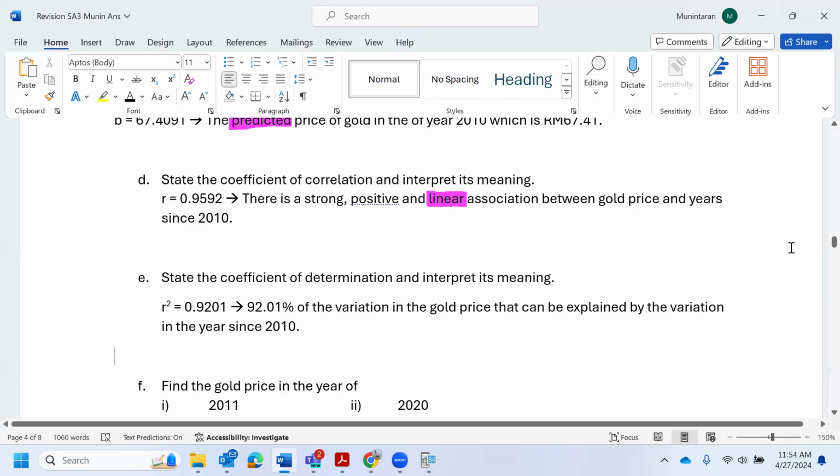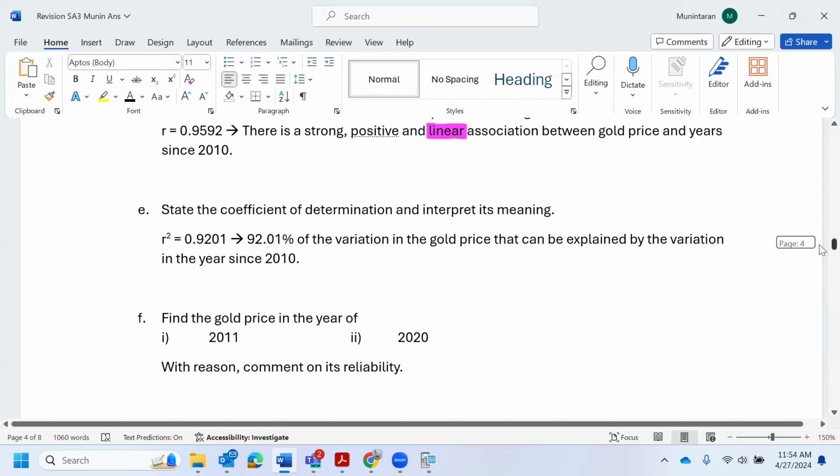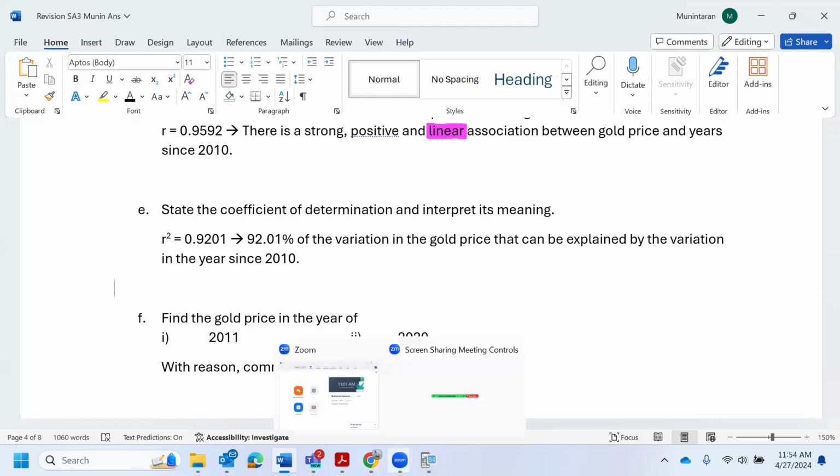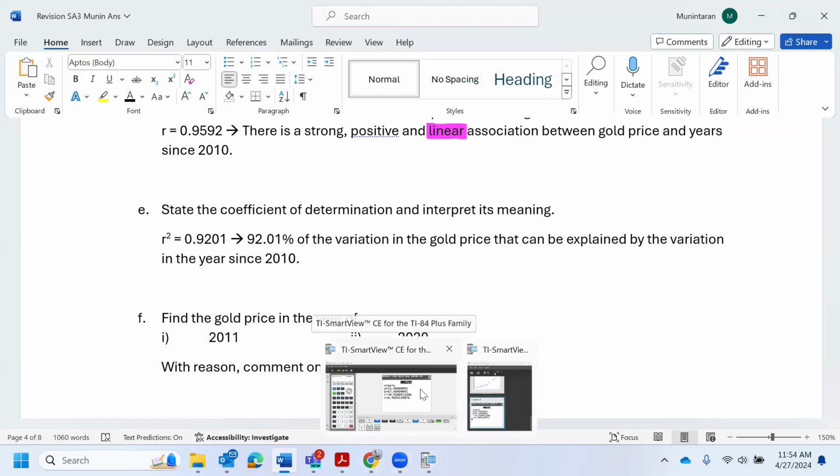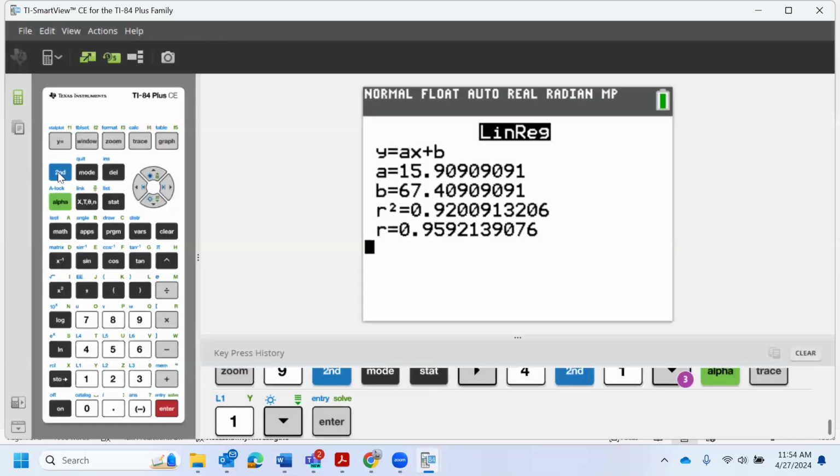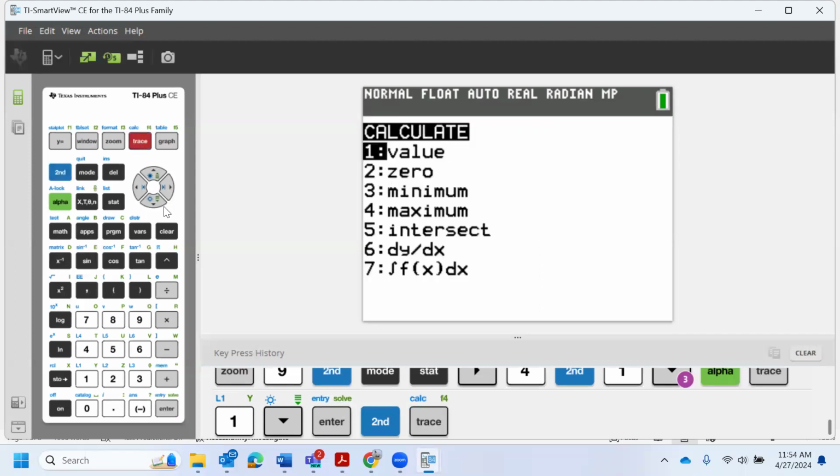Find the gold price in the year 2011 and 2020, and then you state the reason, with reason, comment on its reliability. So you're going to go to the calculator. Second, calculate value.